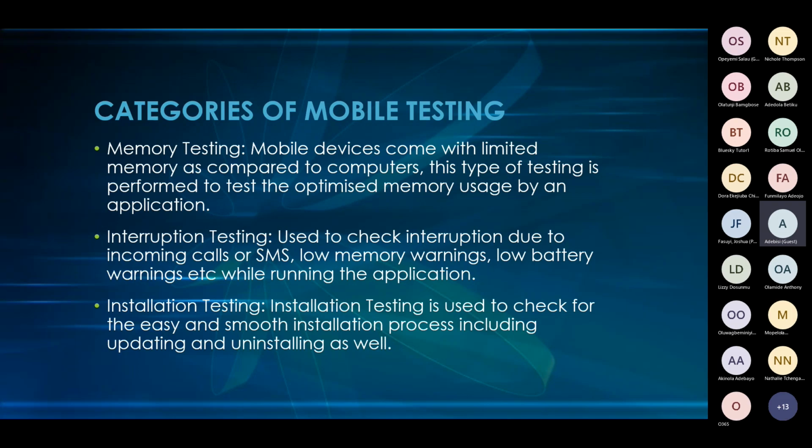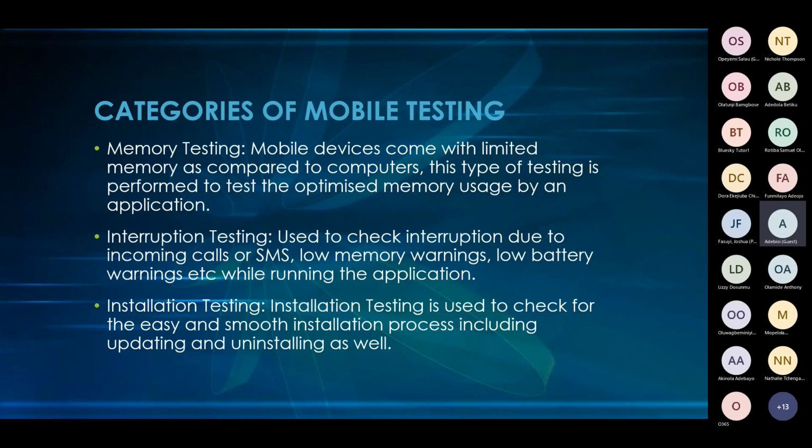Then installation testing. Installation testing is used to check for the easy and smooth installation process, including updating and uninstalling. So for your mobile application, is it taking 100 days before it gets installed?